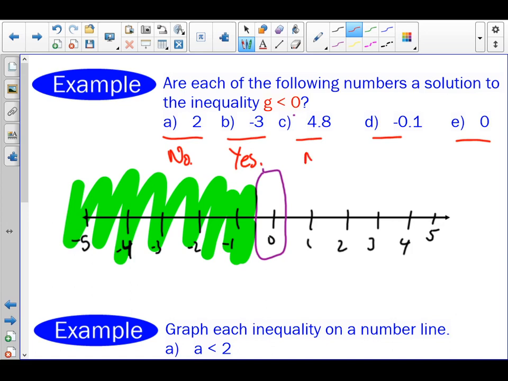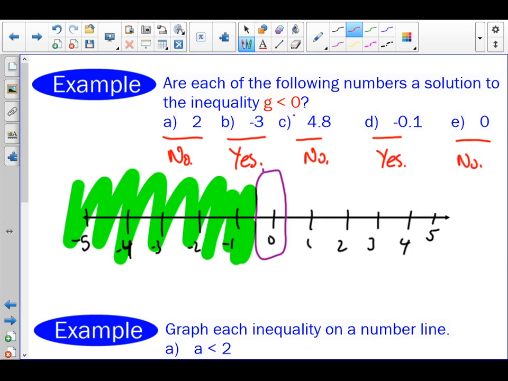No. Is negative 0.1 less than 0? Yes. Is 0 less than 0? No. 0 is the same or equal to 0, but it's not less than 0, so the answer is no.